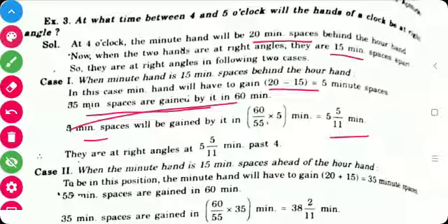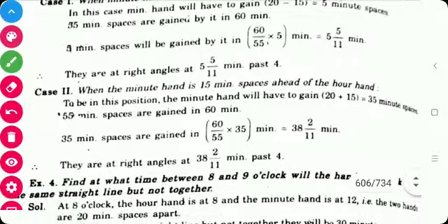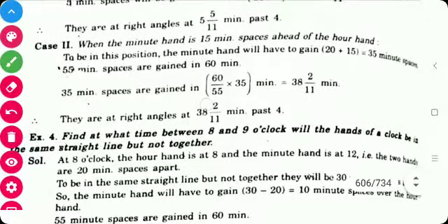Second case is when the minute hand is 15 minute spaces ahead of the hour hand. Here, to be in this position, the minute hand will have to gain 20 plus 15, that is 35-minute spaces.